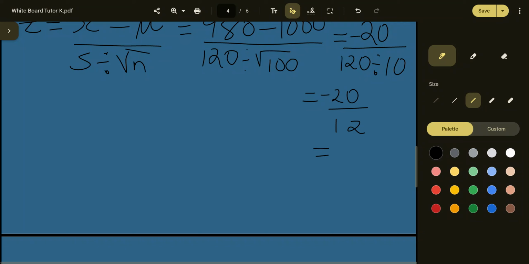And this will simply give you the value of negative 1.667. That is the test statistic that you're going to compare against the null hypothesis.